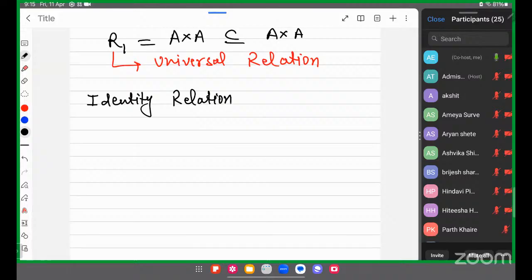Identity relation. Identity relation is a relation given by I on set A, which will be equal to {(a, a) such that a belongs to set A}.